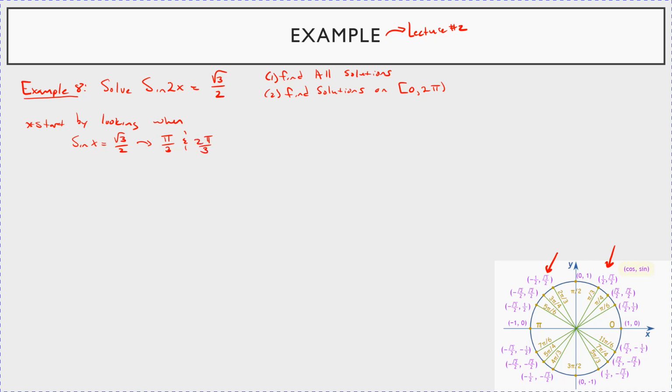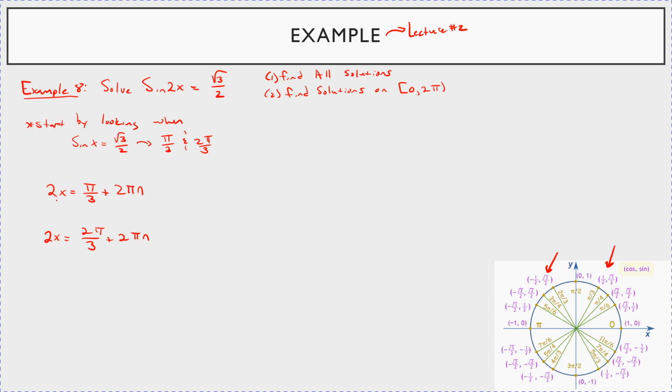Now you take whatever's inside the trig function, 2x, and set it equal to the solutions. The general solution previously was pi over 3 plus 2 pi n, and the other one was 2 pi over 3 plus 2 pi n, where n is any integer.